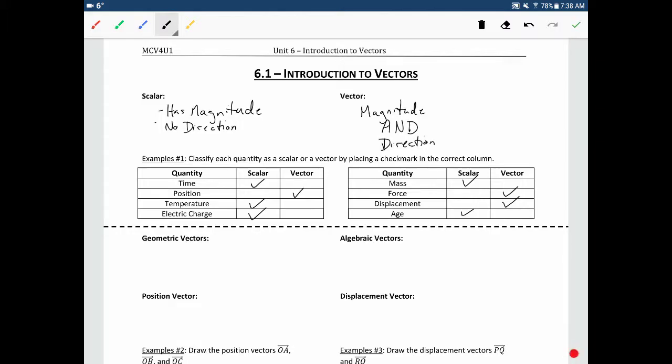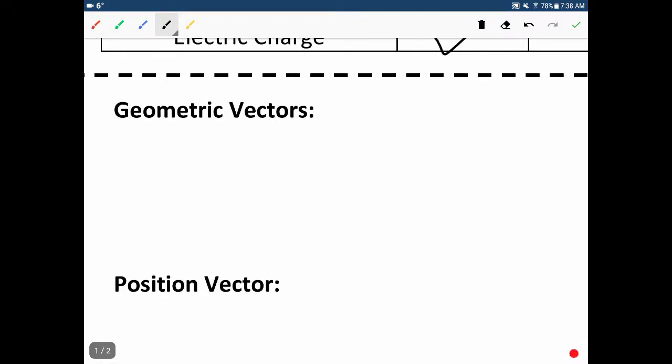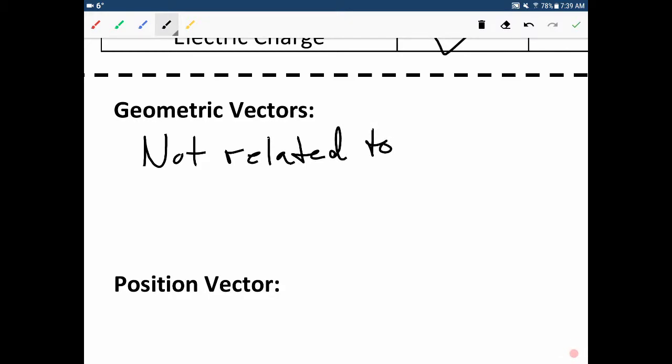All right, so we've got four different types of vectors we're going to talk about here. The first one is geometric vectors. These are vectors not related to any coordinate system. My pen stopped working. There we go.